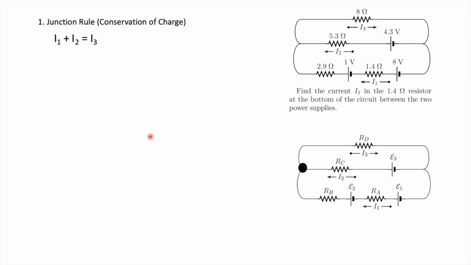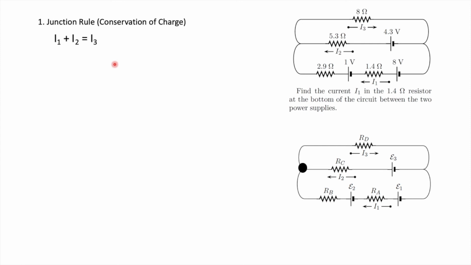I'm going to take this junction here and write the current rule, or conservation of charge, and that's easy because the sum of incoming current is equal to the sum of outgoing current. Here only one current is outgoing, which is I3, and the incoming currents are I1 and I2, hence I1 plus I2 is equal to I3.